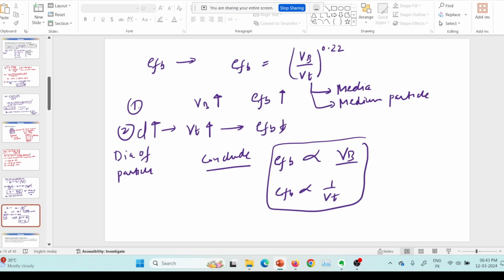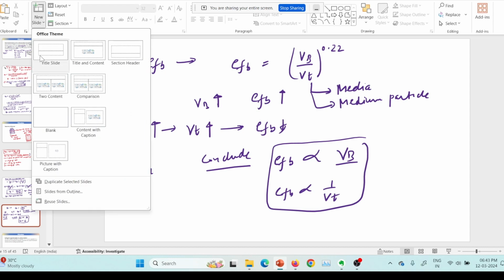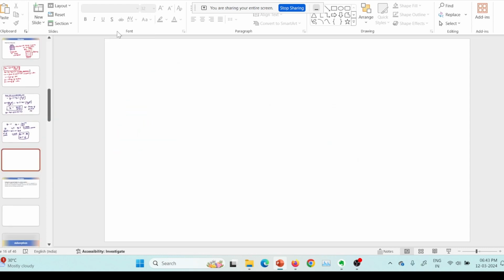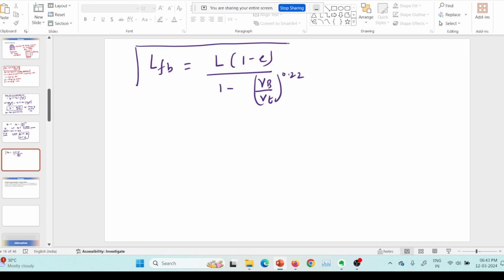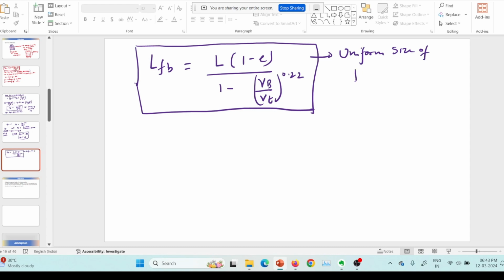So if we put this EFB value in the previous equation, what we will get? The depth of the fluidized bed will be given as L1 minus E divided by 1 minus VB divided by VT to the power 0.22. This is the depth of the fluidized bed for uniform size of particles.